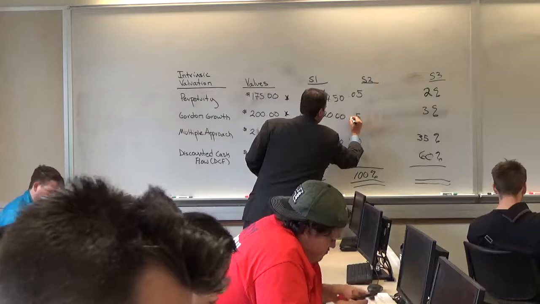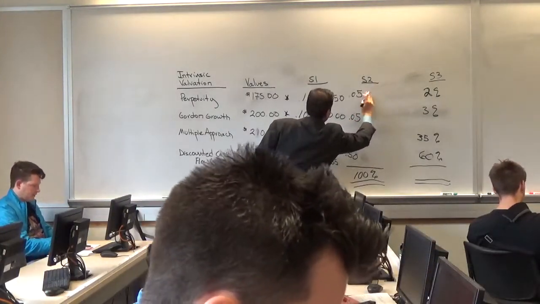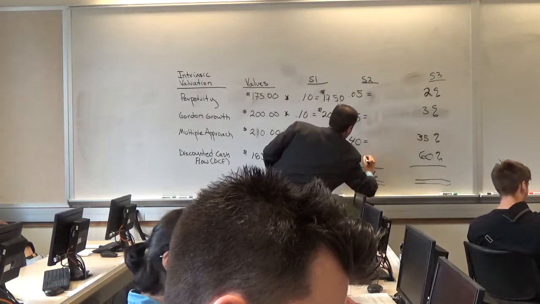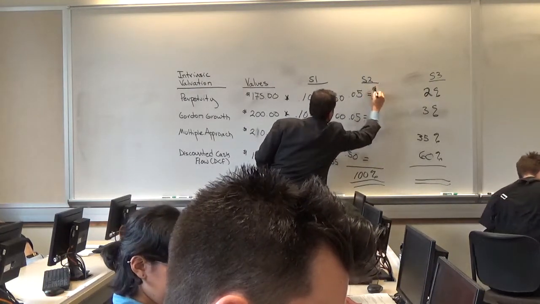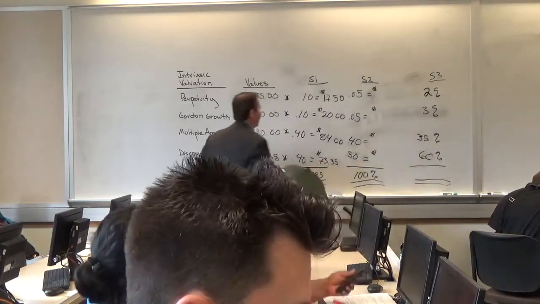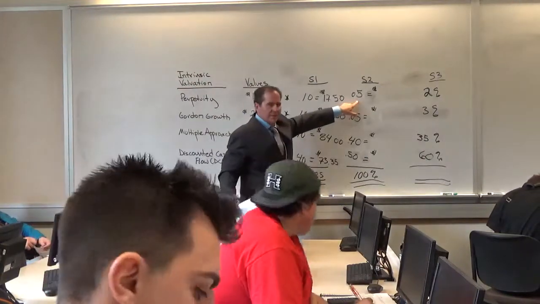Okay, all right. So 0.05, 0.04. So what's $175 times 0.05?